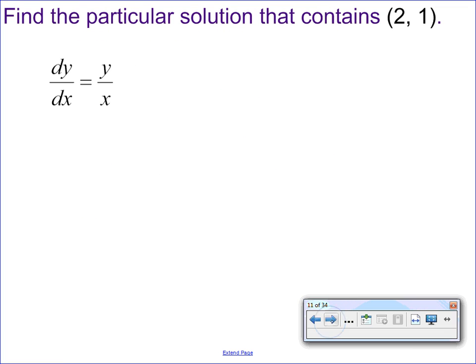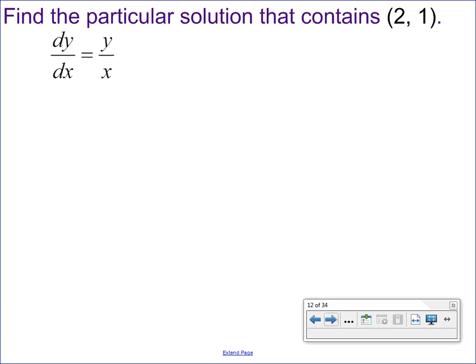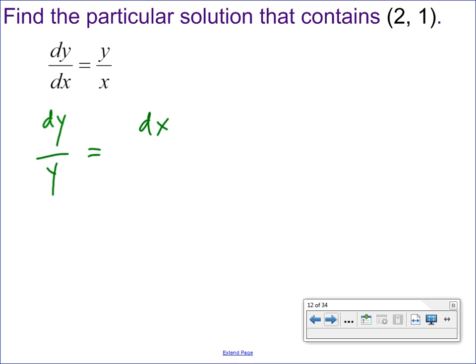Let's check it out. Can we separate the variables to multiplication and division? Yes? Alright, so let's go ahead and separate that. Let's get all the y's on one side by dividing, and all the x's on the other by multiplying. So I get dy over y equals dx over x.